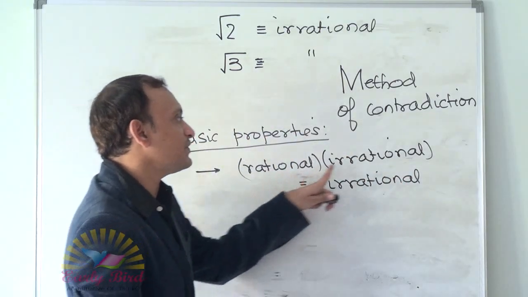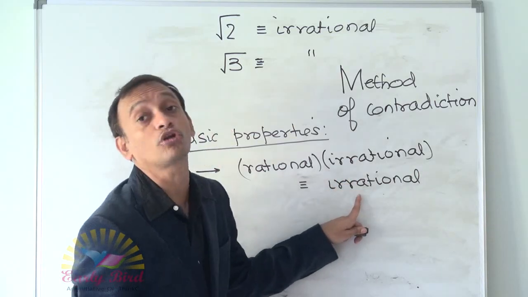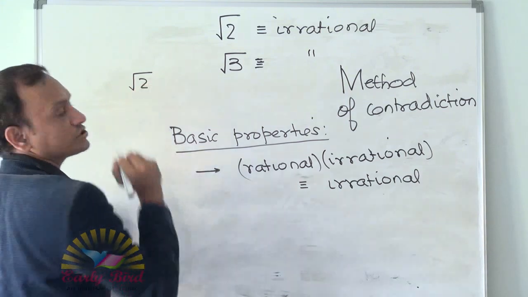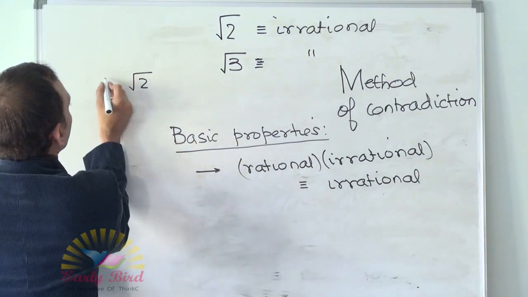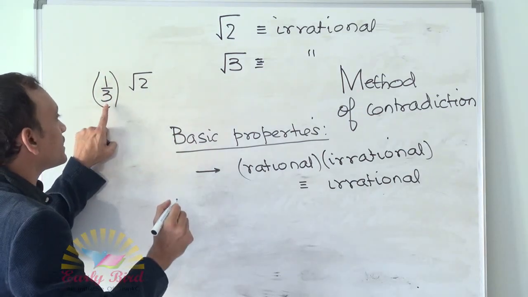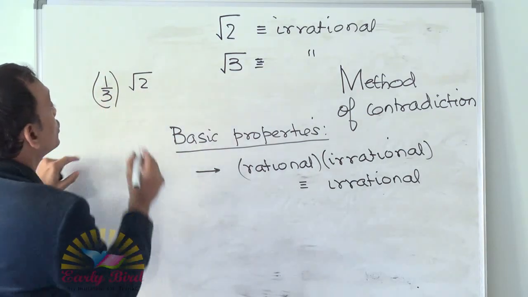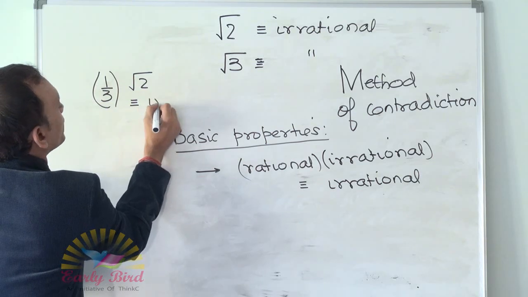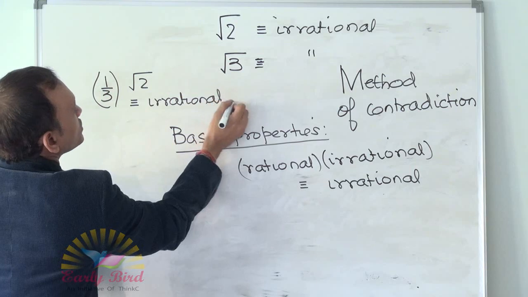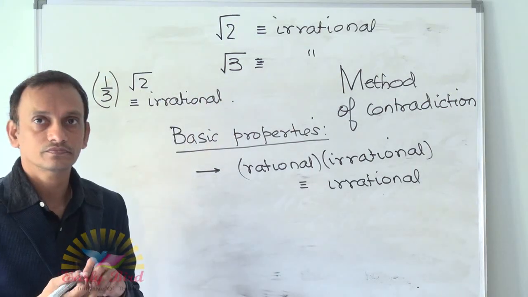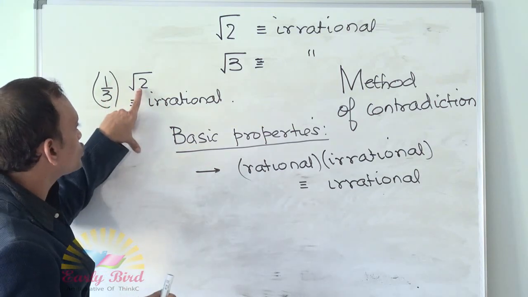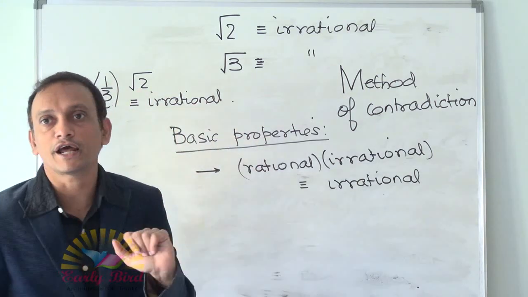For example, root 2 is irrational, and if I multiply it with a rational number 1 by 3, this will always be irrational. That's a very important property. A rational into irrational will always be irrational.